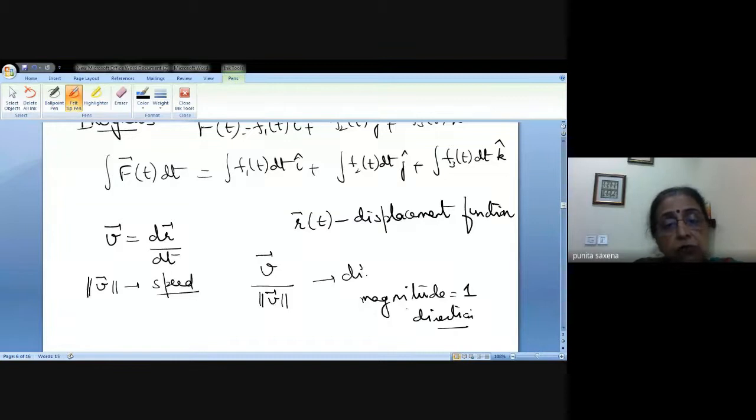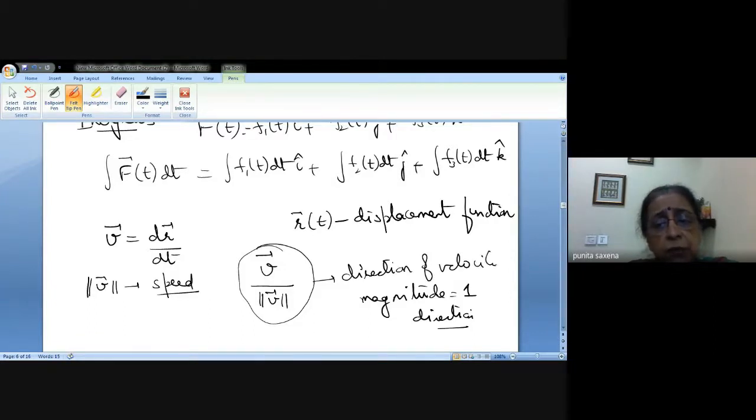So if I just talk of this quantity, v upon norm v, then this defines the direction of velocity only, because the magnitude of this unit vector is 1. Why I'm saying all this is because we might be using it in the exercise problems.